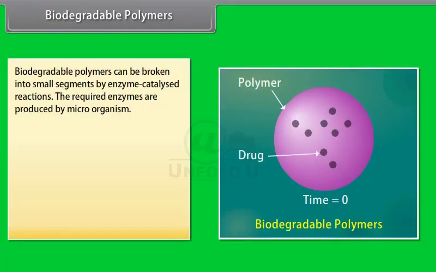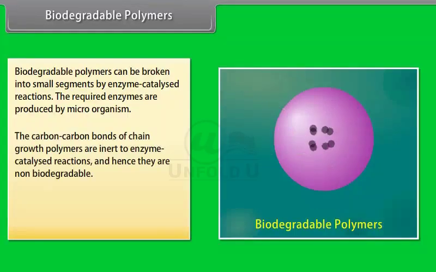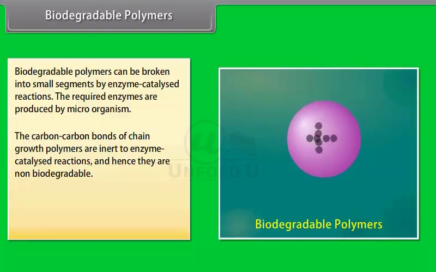Biodegradable polymers can be broken into small segments by enzyme-catalyzed reactions. The required enzymes are produced by microorganisms. The carbon-carbon bonds of chain growth polymers are inert to enzyme-catalyzed reactions, and hence they are non-biodegradable. To make such polymers biodegradable, we have to insert certain bonds in the chains so that these can be easily broken by the enzymes.